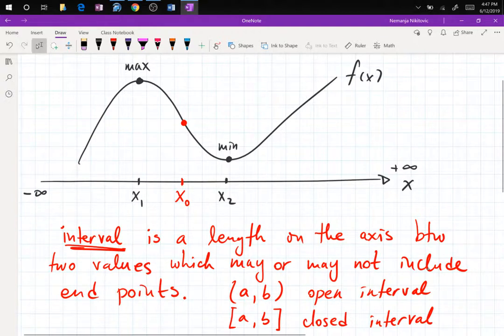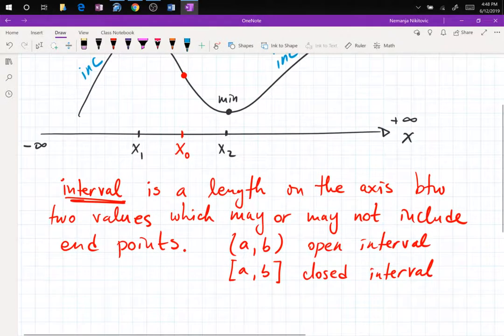What I want to show here is the increase and decrease of the function. If the function is increasing, meaning rising to the right, as you move to the right on the x-axis you will be walking up the function. That's what it means for a function to be increasing.